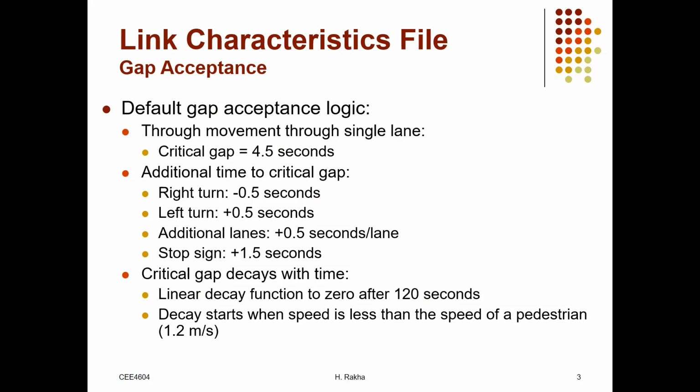And so these are typical driver acceptance behavior, but you can change that if you wanted to make the drivers more aggressive. For example, my son studies up in Massachusetts, and the drivers there, I would say, are much more aggressive than the drivers here in Blacksburg. And so if I'm modeling the traffic there, I might go for some more aggressive behavior and change these parameters to make the drivers more aggressive.